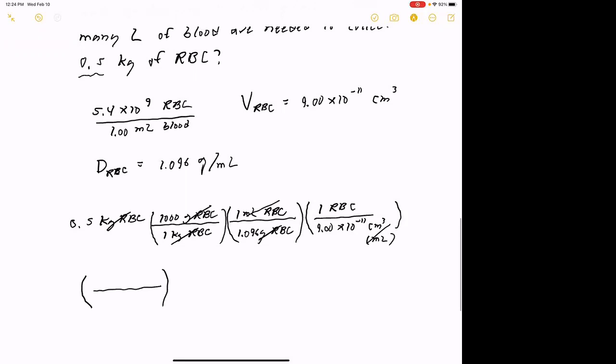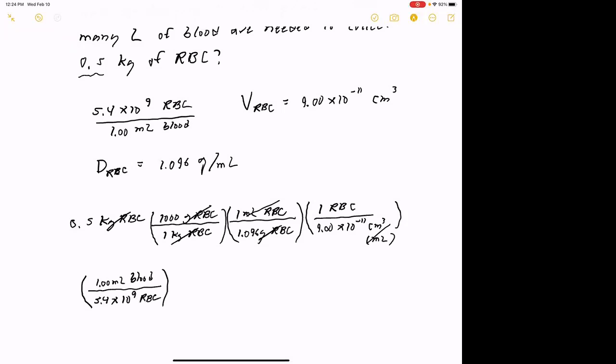Now, the nice thing about concentration is that this is going to allow me to relate red blood cell count back to blood, right? So for every 1.00 mil of blood, that's where the red blood cells are coming from, all right? I've got a count of 5.4 times 10 to the 9th red blood cells.